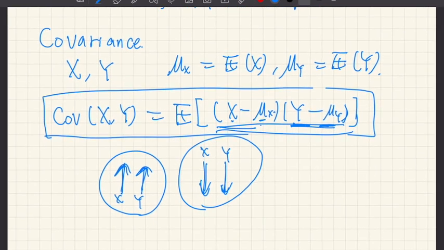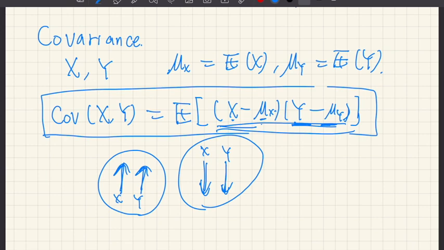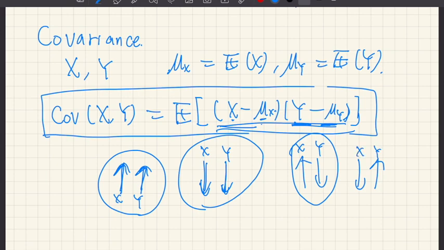On the other hand, if they move in opposite directions, like when x goes up, y goes down, and when x goes down, y goes up, then this will be a positive number times a negative number, or a negative number times a positive number.